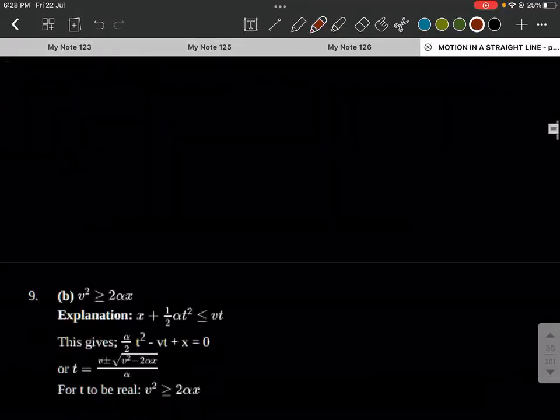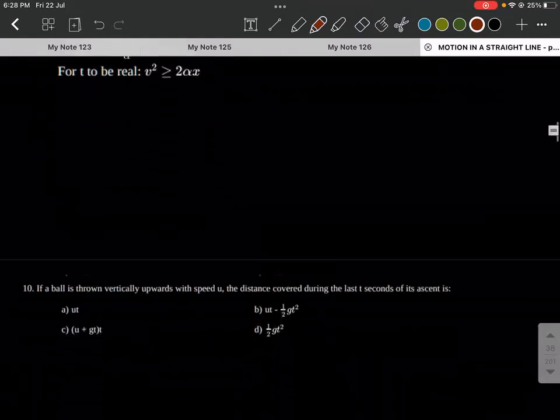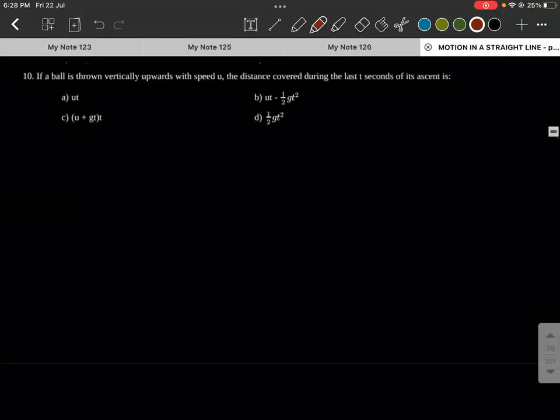So this one we'll do next. Do the 10th. If a ball is thrown vertically upwards with a speed u, the distance covered during the last t seconds of its ascent is. Ascent means the object is traveling in the upward direction.